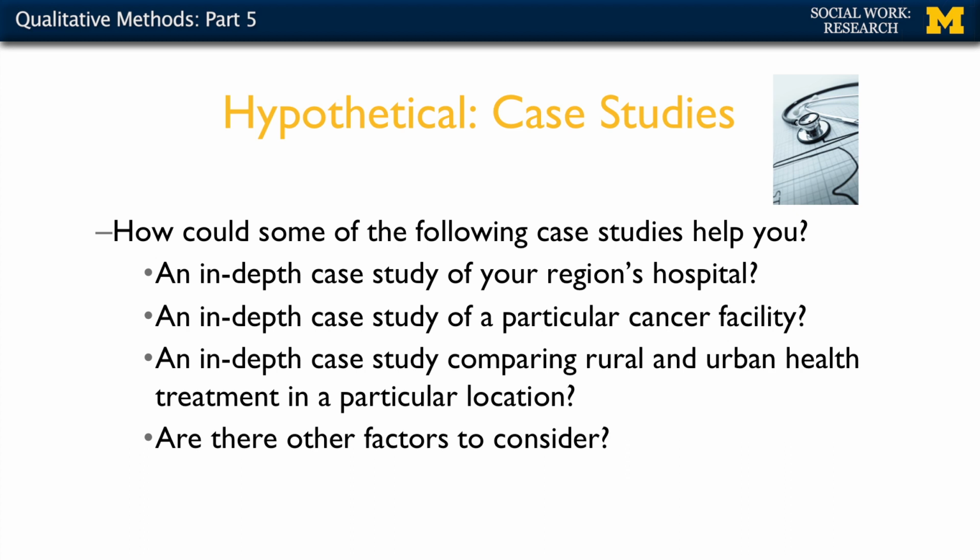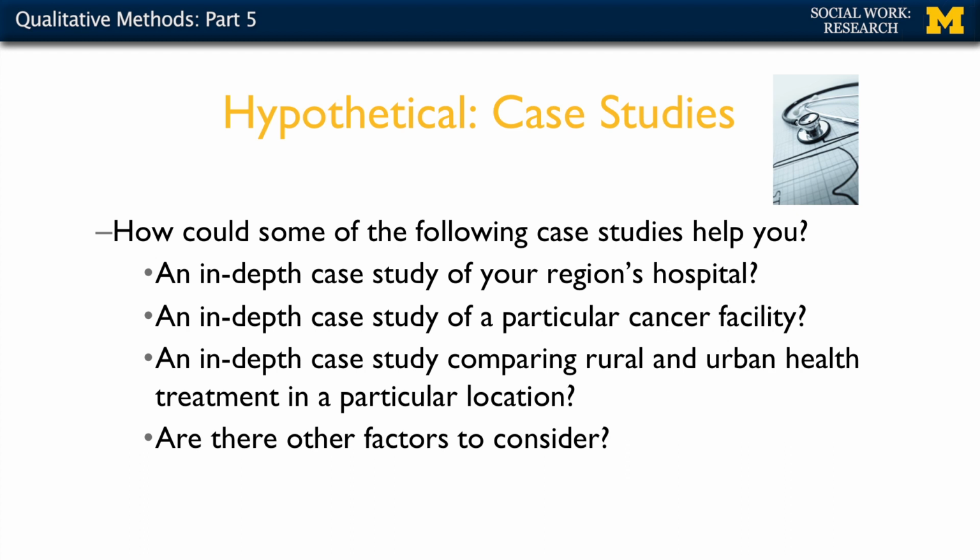You might find another article that provides an in-depth case study of a particular cancer facility. In this situation, this might be instructive to help you understand how disparities in cancer specifically might be surfacing in the facility that you're actually working at.